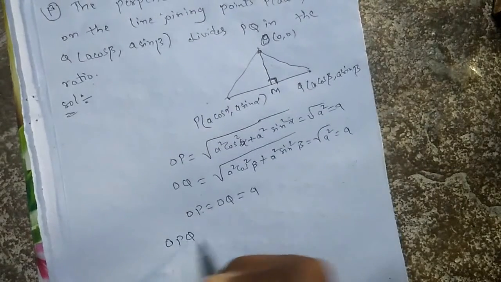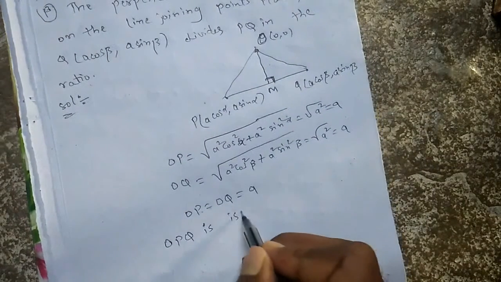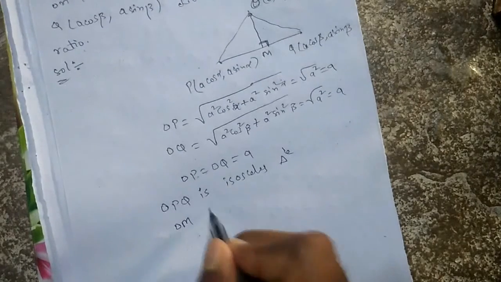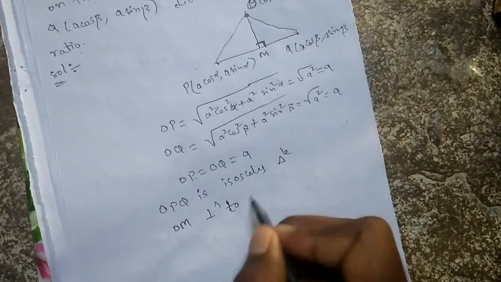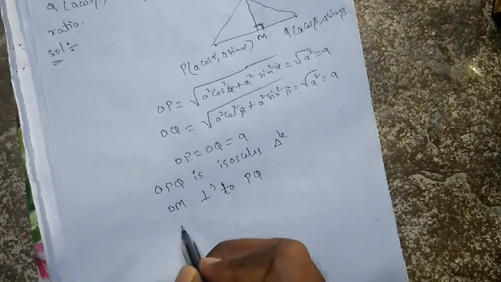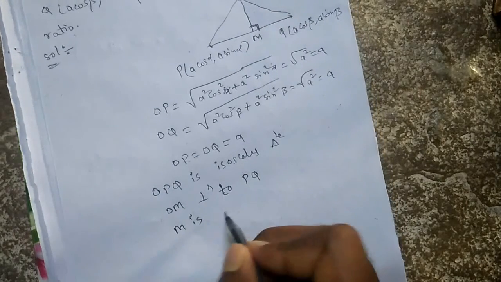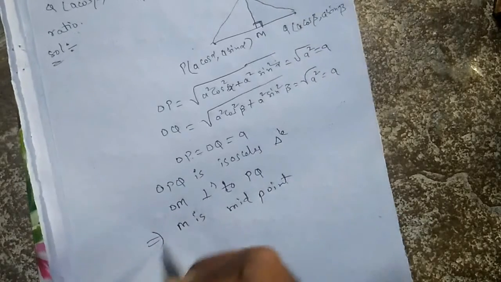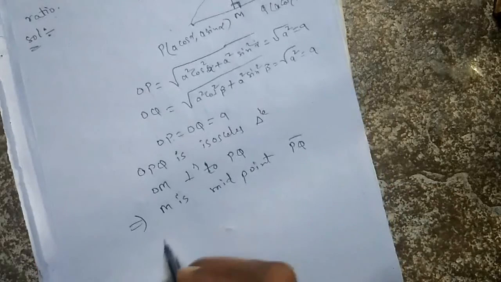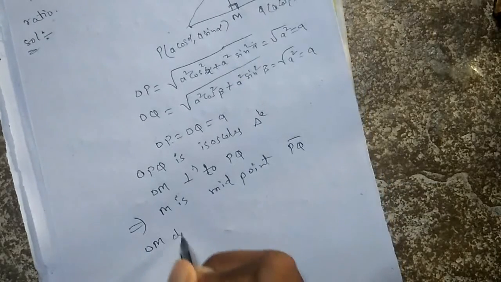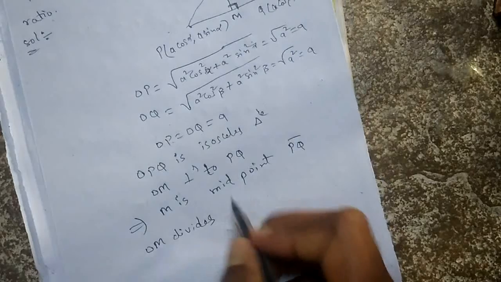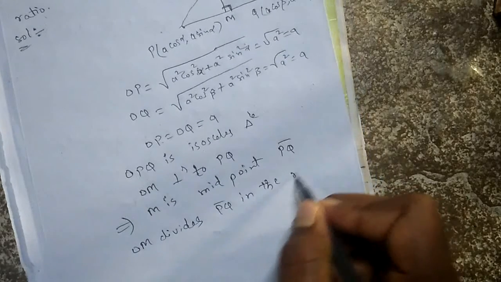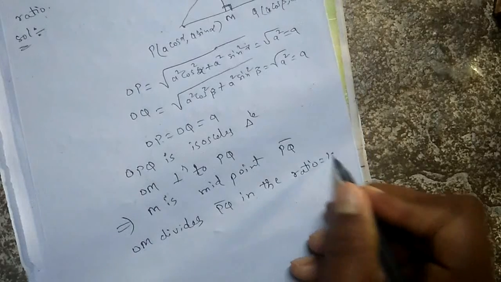Therefore OPQ is an isosceles triangle and OM is perpendicular to PQ, which implies M is the midpoint of PQ. Therefore OM divides PQ in the ratio 1:1, since midpoint means equally divides.